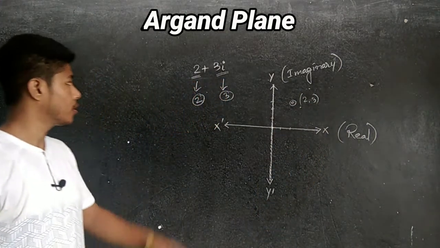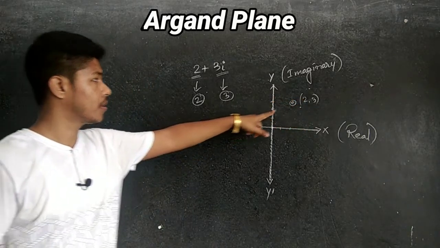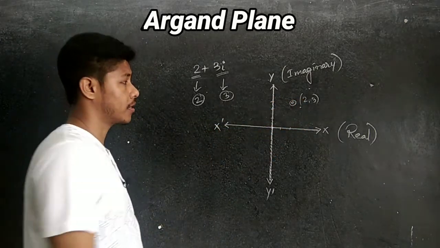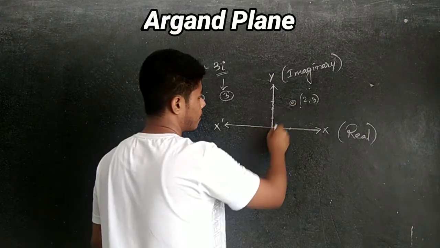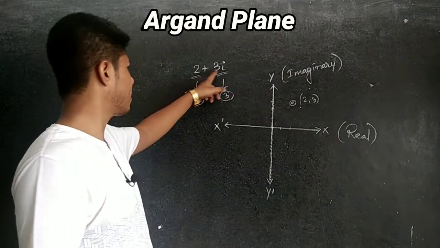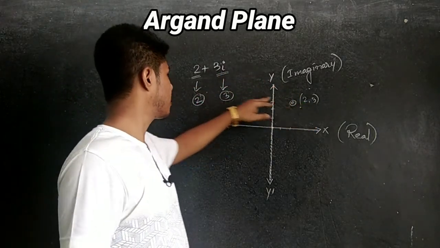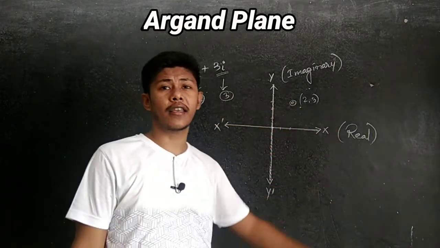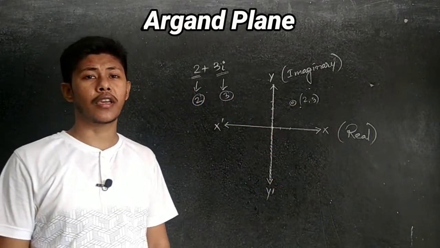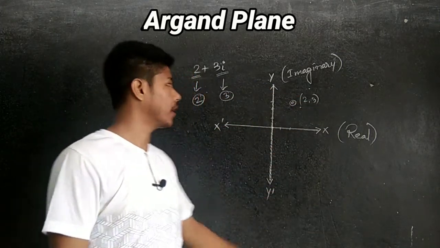So we can represent 2 plus 3i in this way. From the origin, if you join this point, we will discuss that later. So if any complex number is to be plotted on the Argand plane, in this way we find the ordered pair, and then plot the point easily.